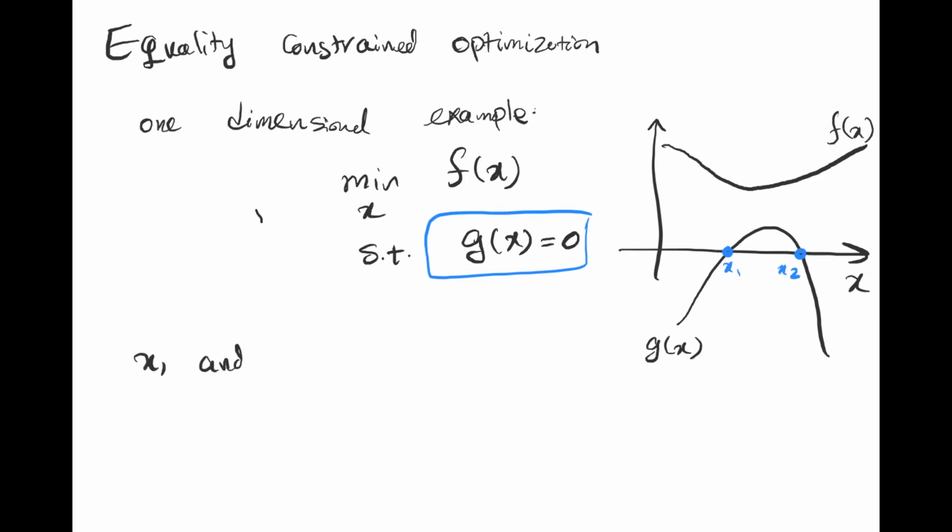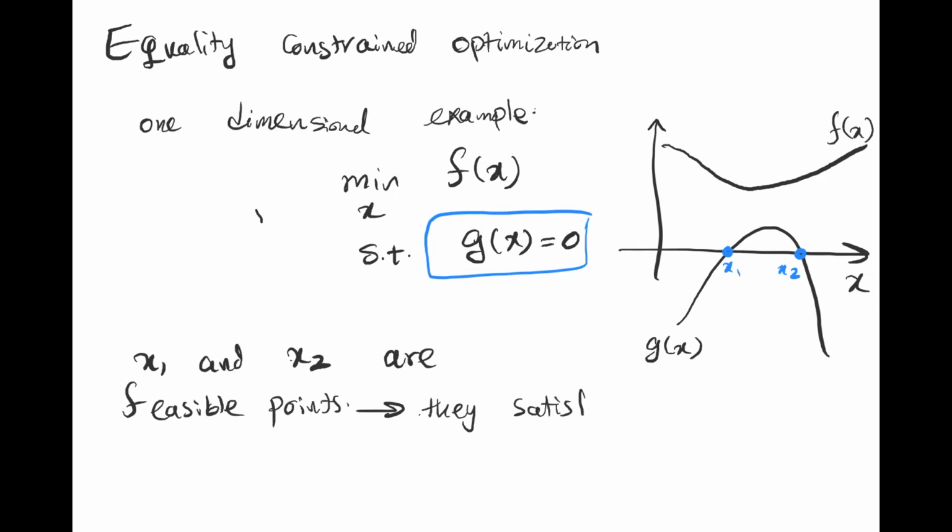x1 and x2 are feasible points. So what does feasible point mean? Feasible point means they satisfy the constraint. So in this case, the constraint is g of x is equal to 0. But now we have a problem with these two feasible points.